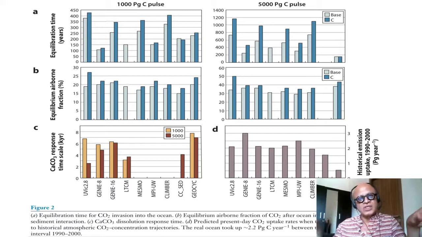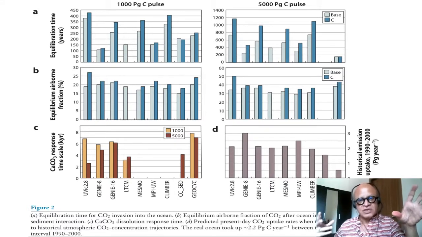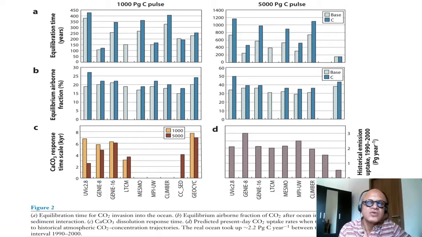It's not only doing the buffering reactions and the inorganic chemistry, calcium carbonate, pH stat and so on, but it's also involved in biology, export of organic carbon, sediment interactions with microbes and so on and so forth. So you can have various details of interactions.